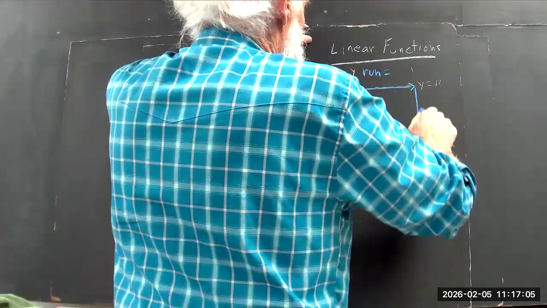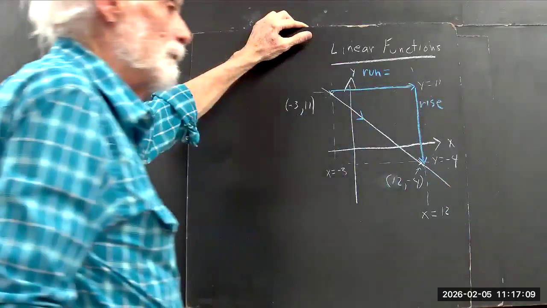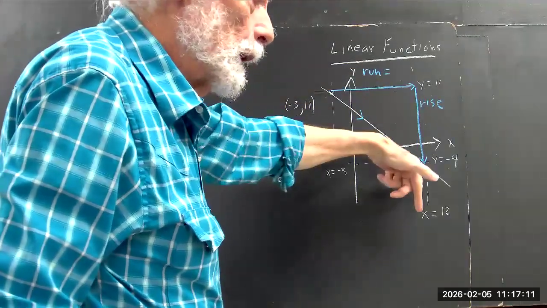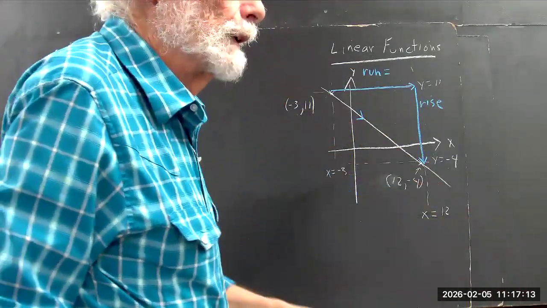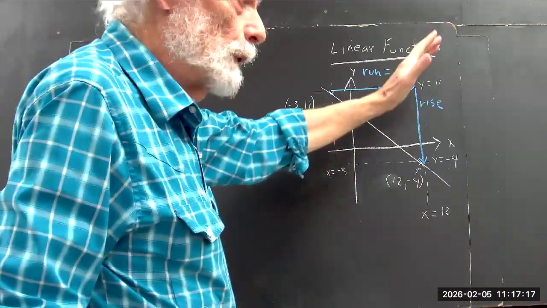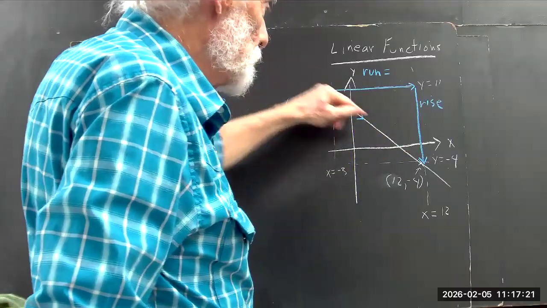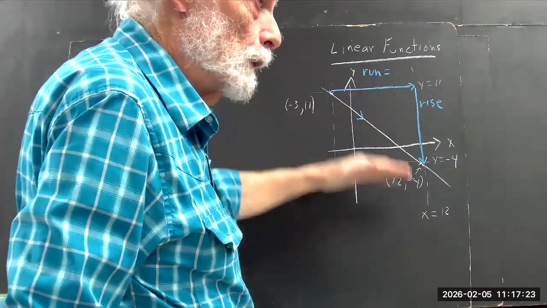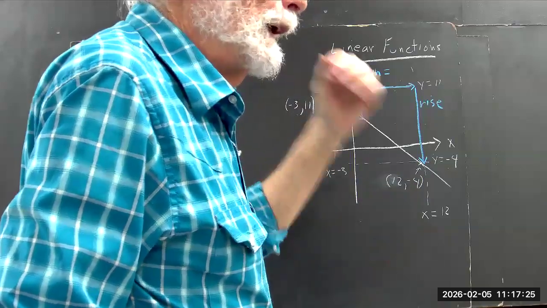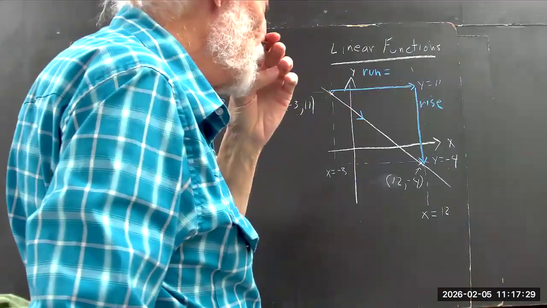And this arrow represents what we call the rise. Now we have a negative rise because the line is going down. We're going to have a negative slope. If the line was going up, we'd have a positive rise, but this is the rise from this point to this point. It's how far we move in the vertical direction. And it's positive for moving up. It's negative for moving down.